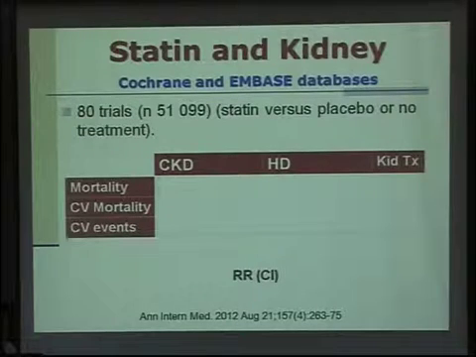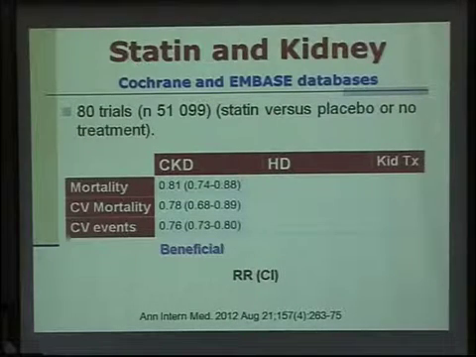If the patient has CKD, there is a beneficial effect of the use of statin, decreasing the relative risk of mortality by 20%, 25%. So it's beneficial to use statin, not because it will lead to retardation of progression of chronic kidney disease, but because it will improve the cardiovascular system. Okay?